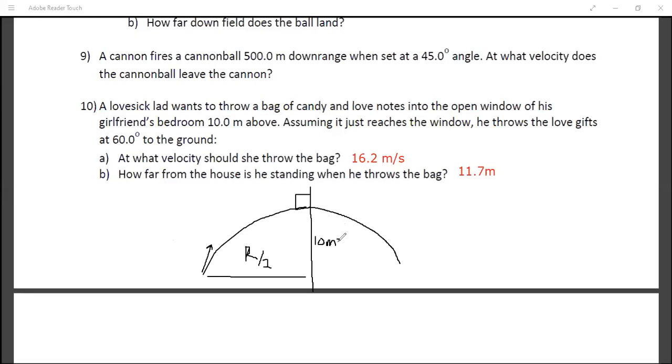No, by 2g only. That is the maximum height formula. Then 10 meters is the maximum height. So if you substitute into that, 10 into 2 into 9.8 divided by sine 60, and that entire will be under the square root. So you get the answer. Okay, 16 point something. Yes, sir.